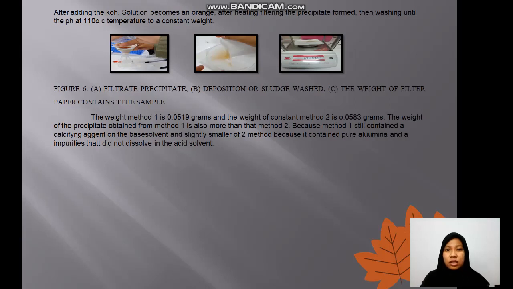After heating, filtering the precipitate formed, then washing until the pH is neutral, to a constant weight. The weight of method 1 is 0.0519 gram and the constant weight of method 2 is 0.0588.